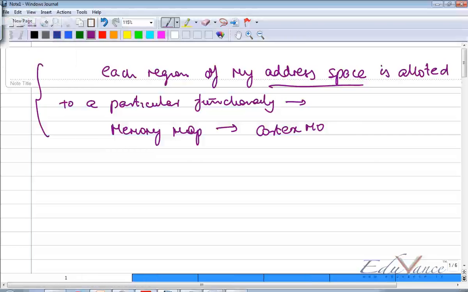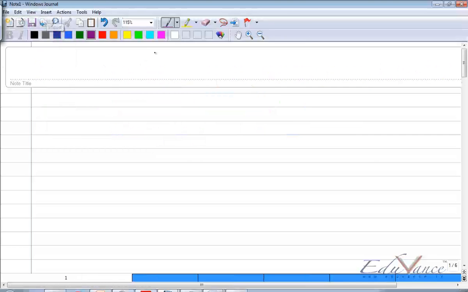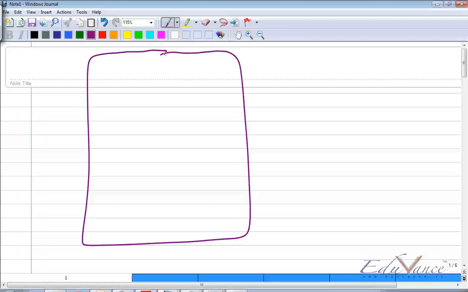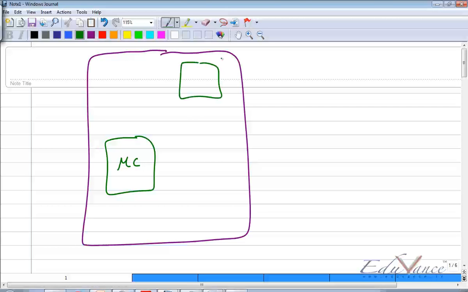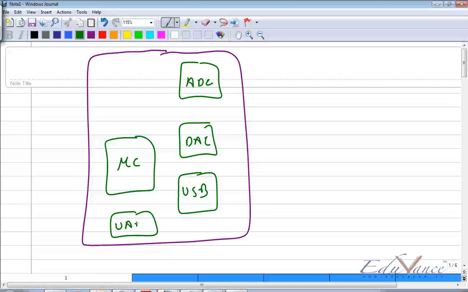Now let us look at the next concept. Before that, I'm sure you must have seen the lecture on basics of SoC, where we have the microcontroller element and then we have different interface ICs like ADC, DAC, then you have USB, you have UART, and many more.